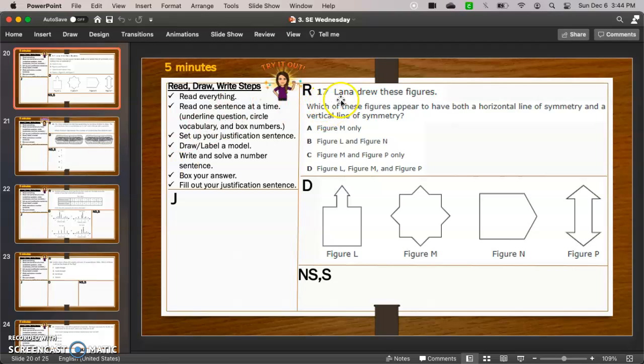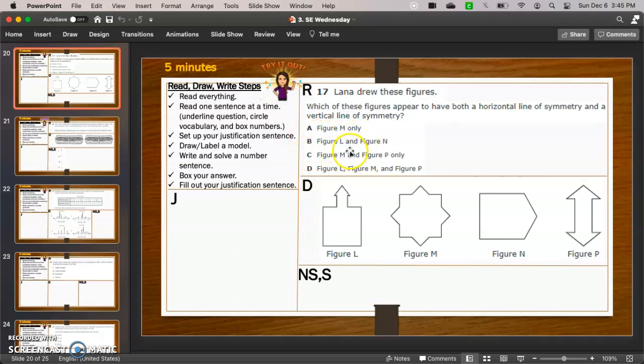Question 17. Lana drew these figures. Which of these figures appear to have both a horizontal line of symmetry and a vertical line of symmetry? A. Figure M only.